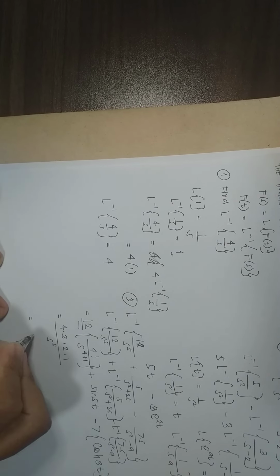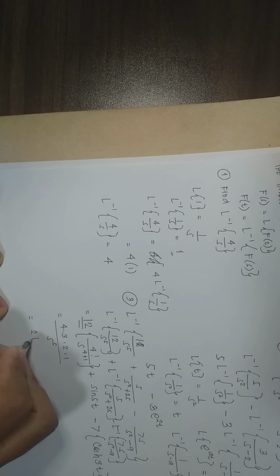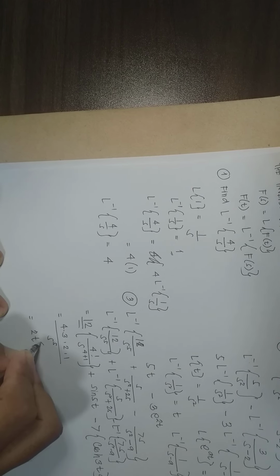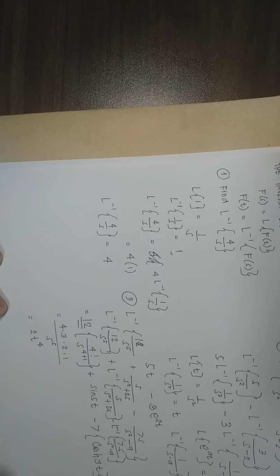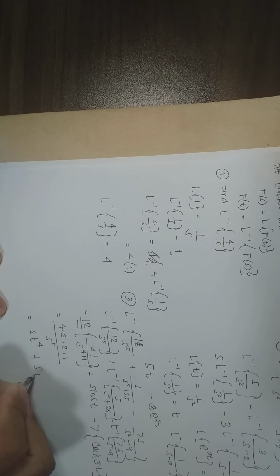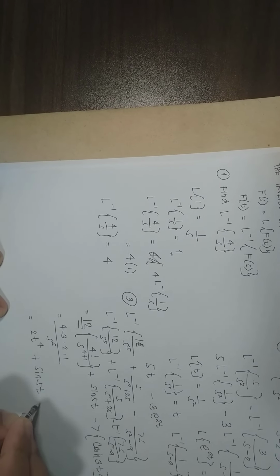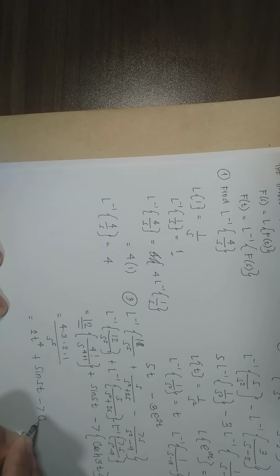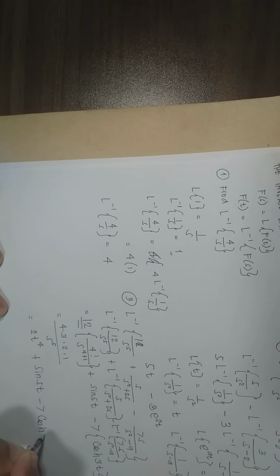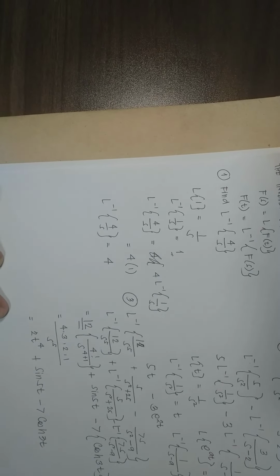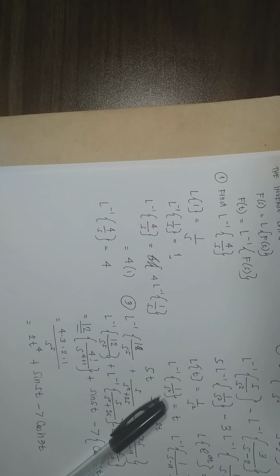So this is equivalent to 2t raised to the 4th plus sine 5t minus 7 times the hyperbolic cosine of 3t. Check natin kung tama.